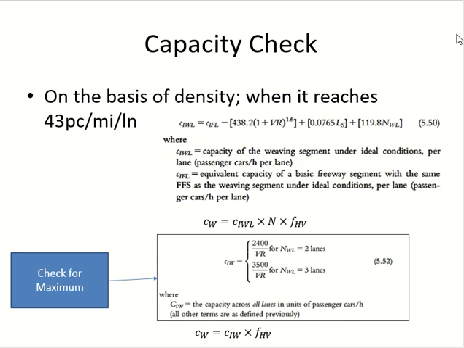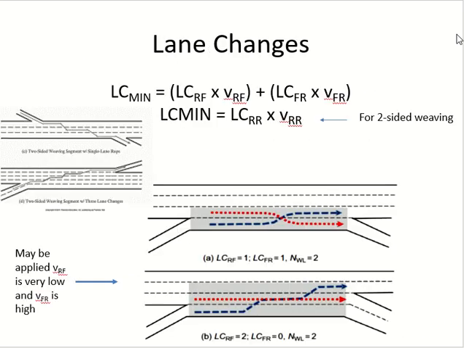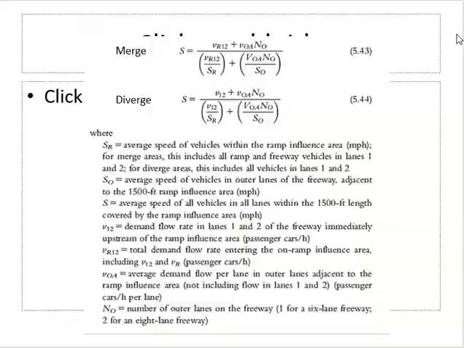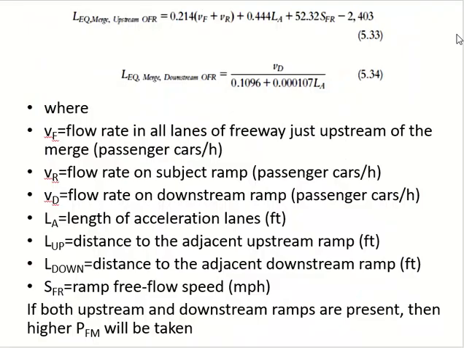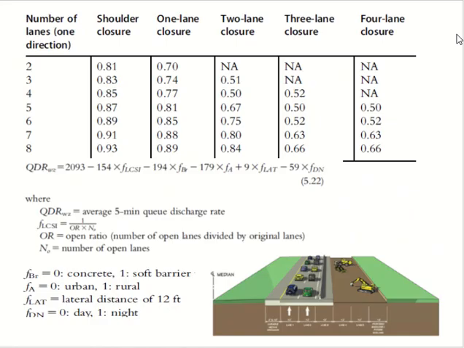Now CIFL. Capacity of basic freeway per lane under ideal conditions. We have already used it when we were doing the basic freeway segment. There are equations for this, or equation 1.